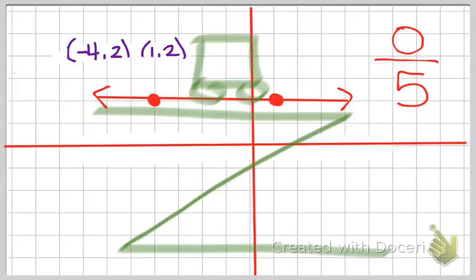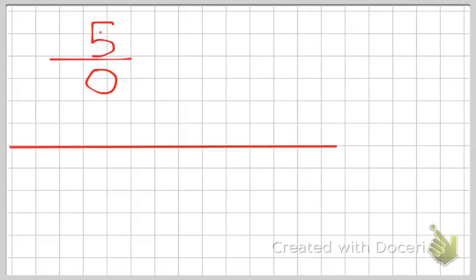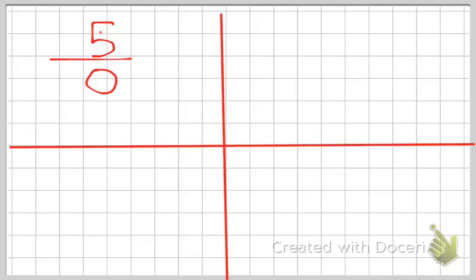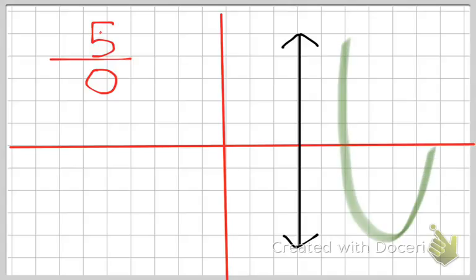Before we move on to the next one, let's talk about undefined. Undefined would be when you have your 0 on the bottom, or if you were going to graph it, you would have a line that is vertical, like this. So how we can remember that is this helps us to make the letter U for undefined.